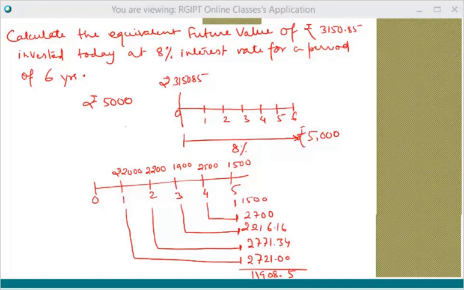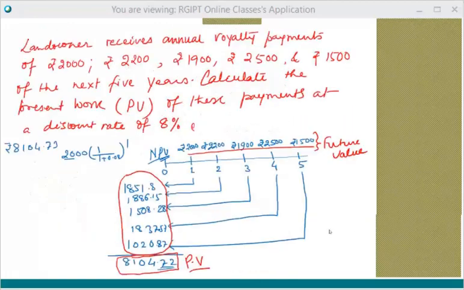Or this one, you can actually do the same thing from the previous example. Let me go back. Here, what we had is present value, which we were getting as 8104.72. So you can bring this to future sum as you know.